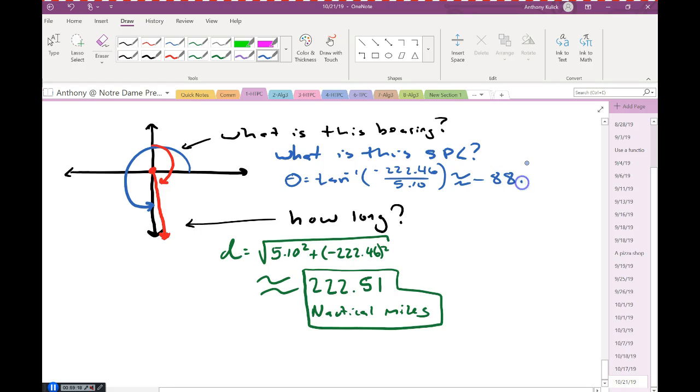When I type this into my calculator, though, I get negative 88.69 degrees. What that's going to tell me here is that this angle is 88.69 degrees. So my bearing is going to be 90 plus 88.69, which is 178.69 degrees.